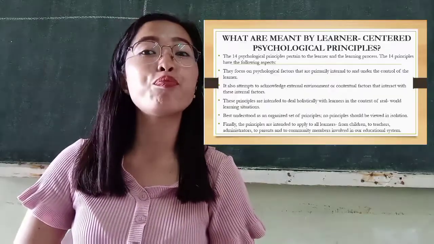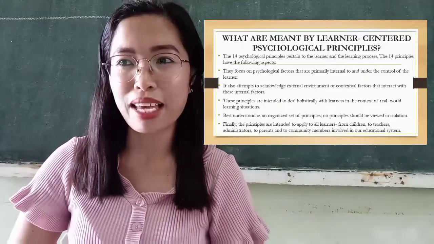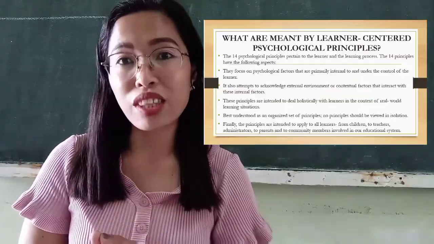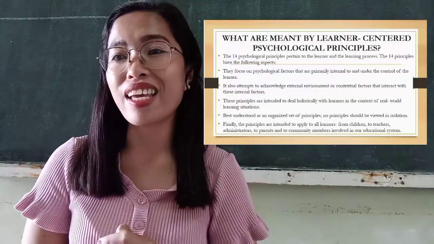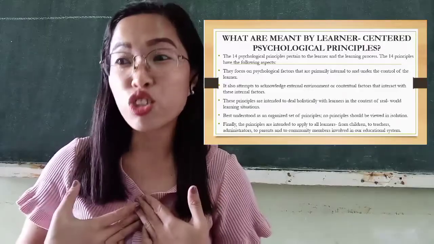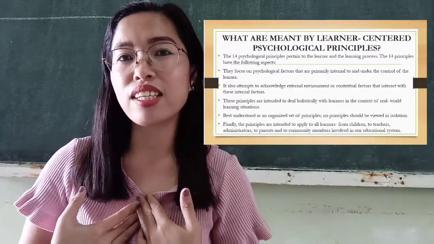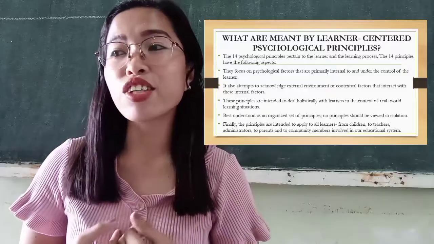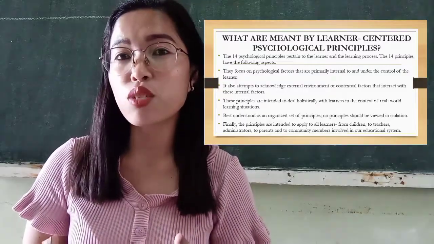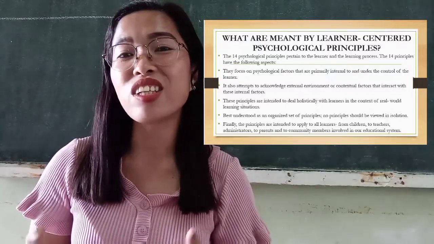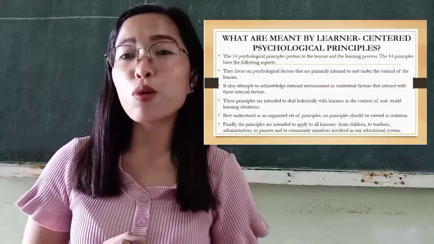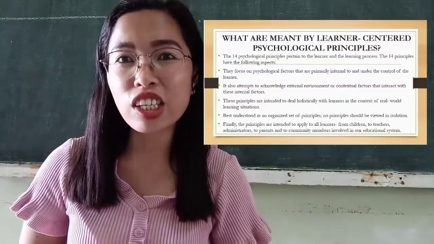So the 14 principles have the following aspects. Please take note, class, of these different aspects of the 14 principles. The first one is they focus on psychological factors that are primary, internal, or within the learners and under the control of the learners. So of course, it's very internal. When you say internal, it is under the control of the learners. Then, it also attempts to acknowledge the external environment.